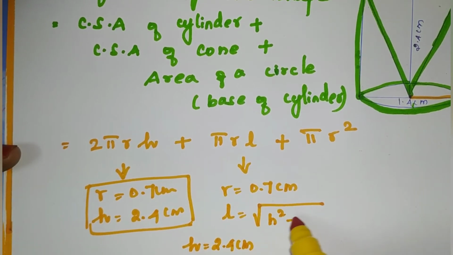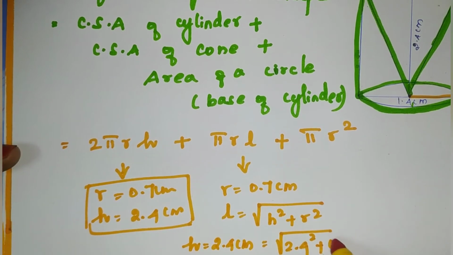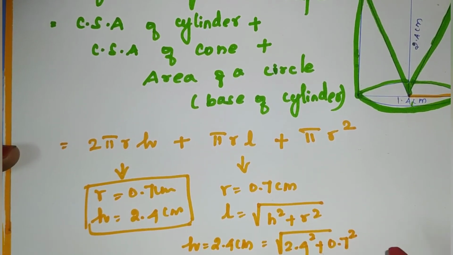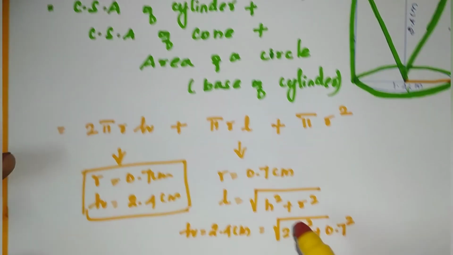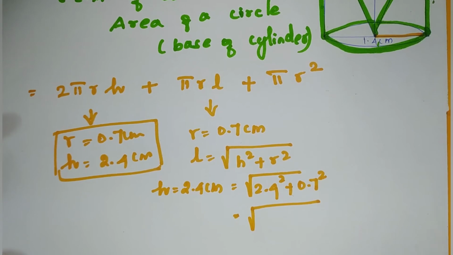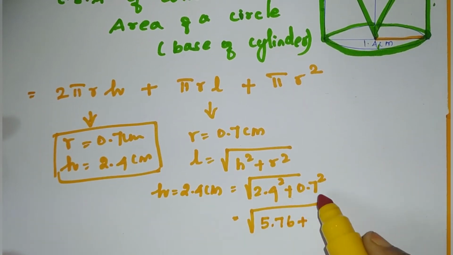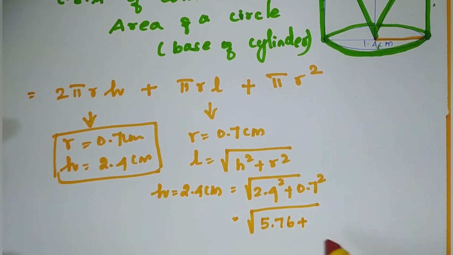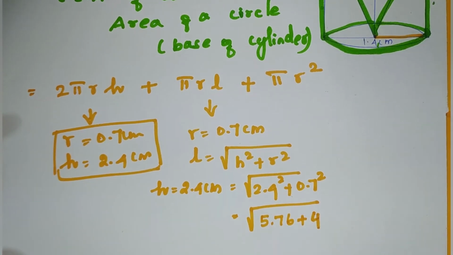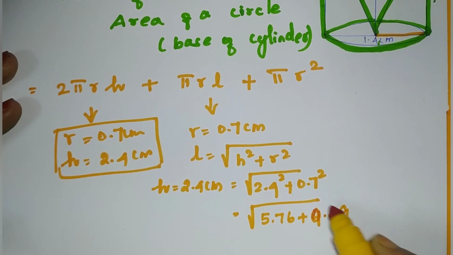So h square plus r square. h square is 2.4 square plus r square is 0.7 square. 2.4 square is 5.76 plus 0.7 square is 0.49.